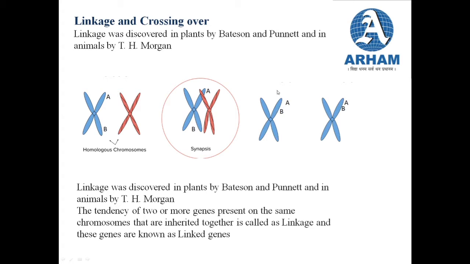The chances of them getting separated become less. They will only be separated if the crossing over takes place between them, and that chance of crossing over is less. So the chances of these closely placed genes getting separated is less.